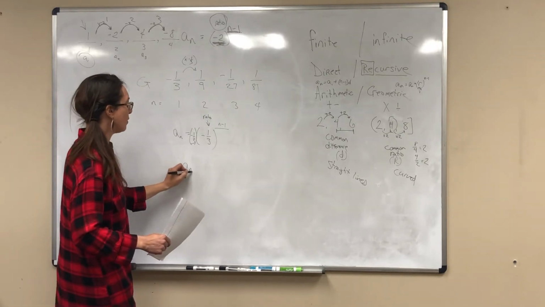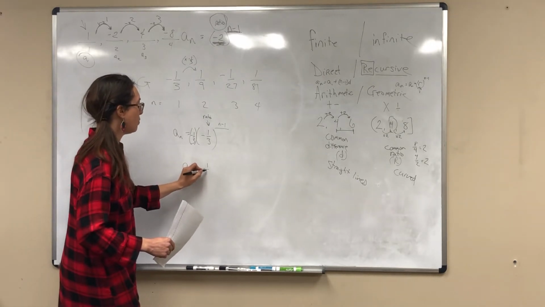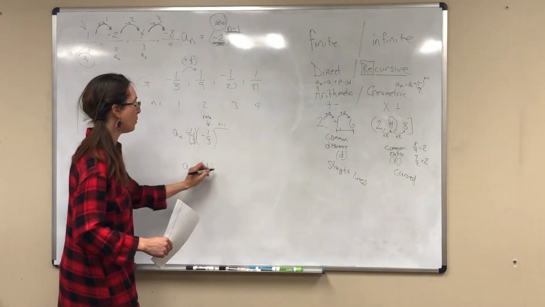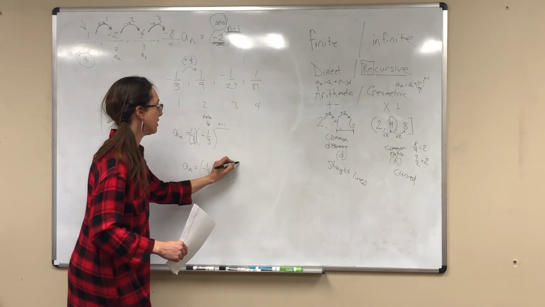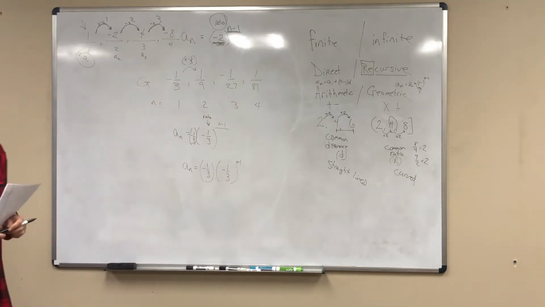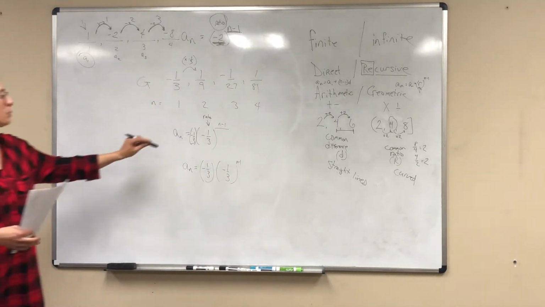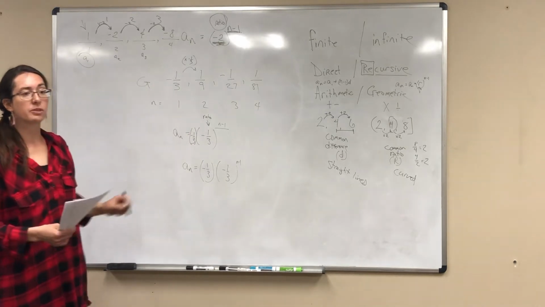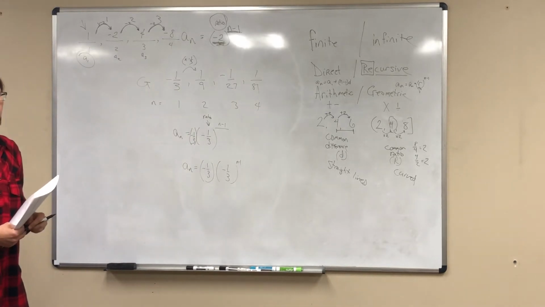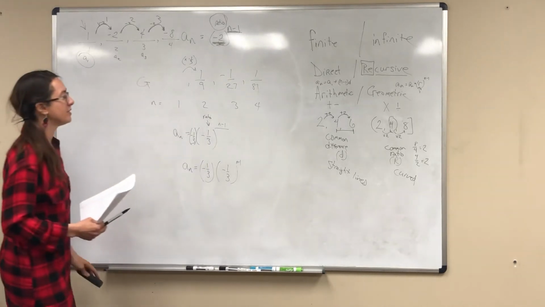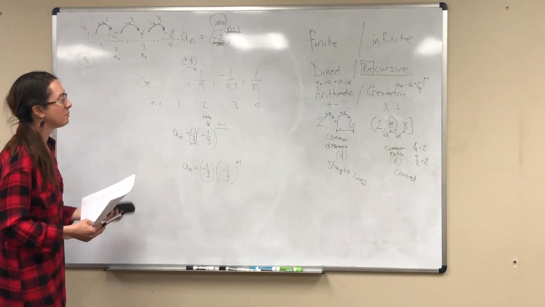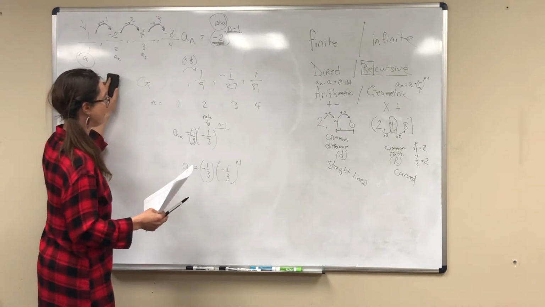So the true formula is negative 1/3, that's our starting point, times negative 1/3 to the n minus 1. In this one, the ratio happens to be the same as our first term. If I started somewhere else, it would be different, right?